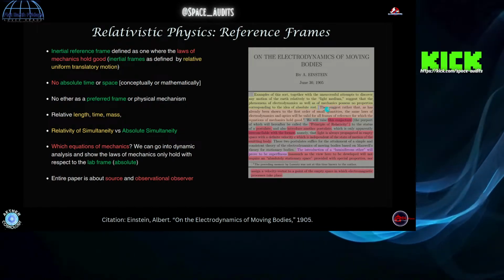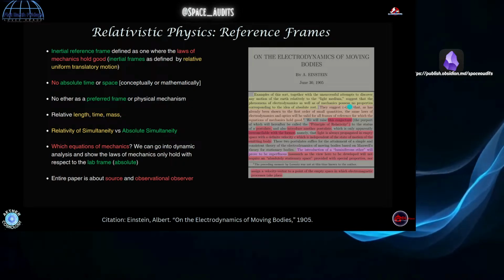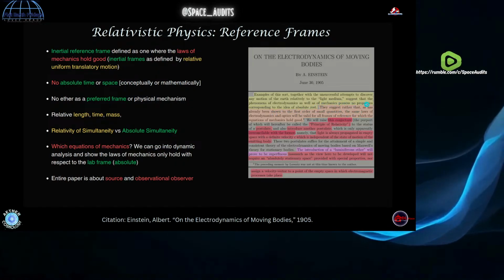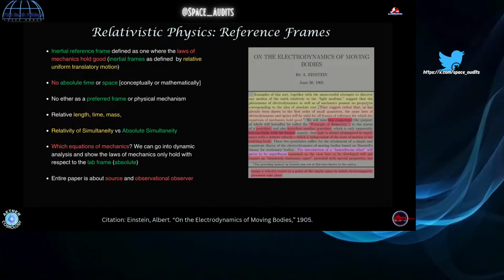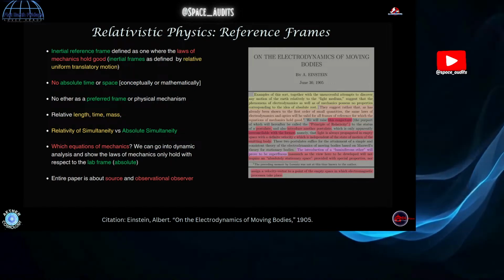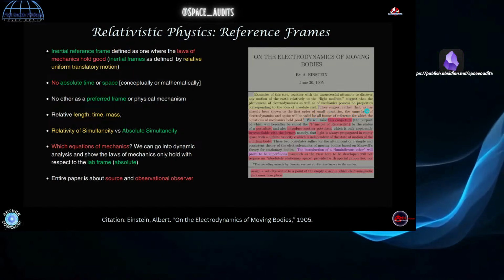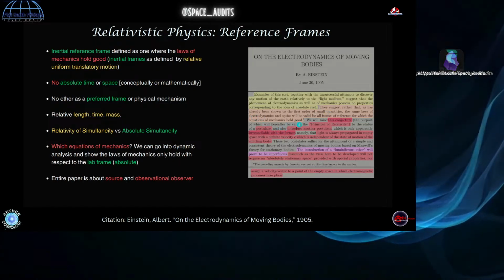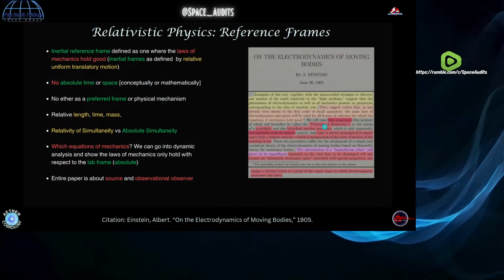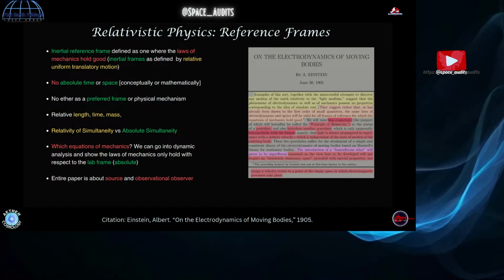So in the 1905 paper, on the first page, he lays out how it's been shown that the laws of mechanics hold good in frames that are in uniform translatory motion. So he says, with that, I'm going to raise this conjecture to a postulate of my theory. I'm going to build on that and say that my theory will also be valid where Newton's equations hold true.